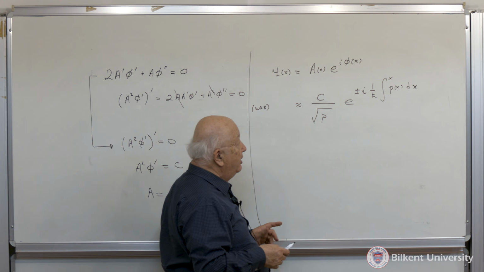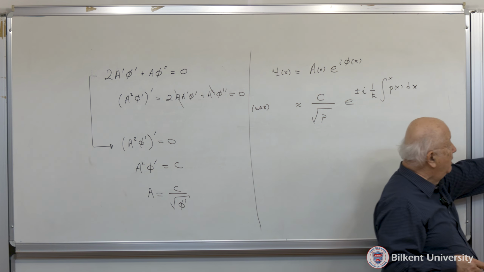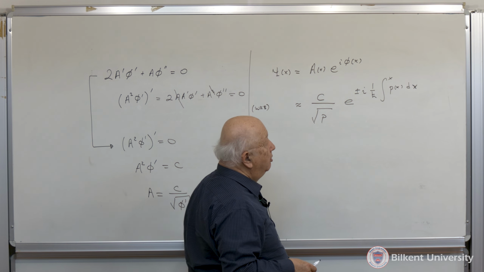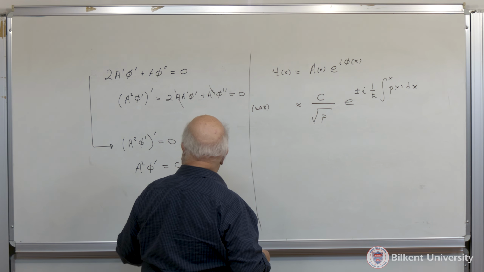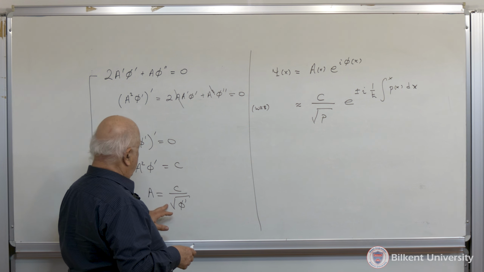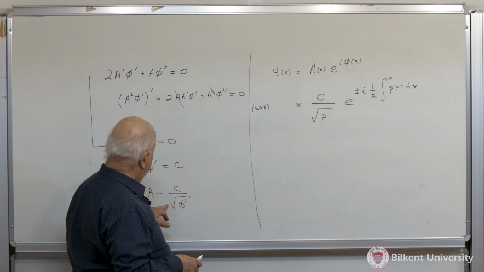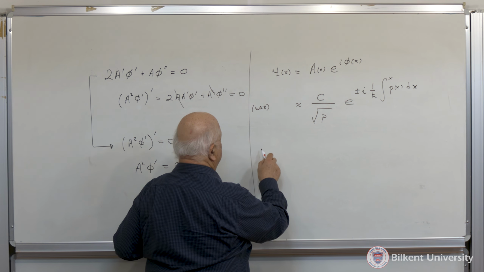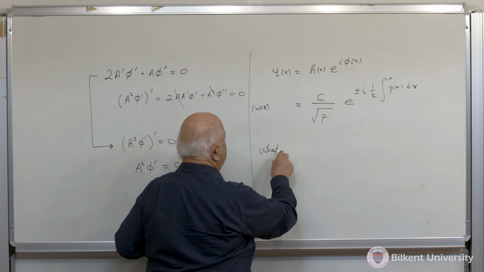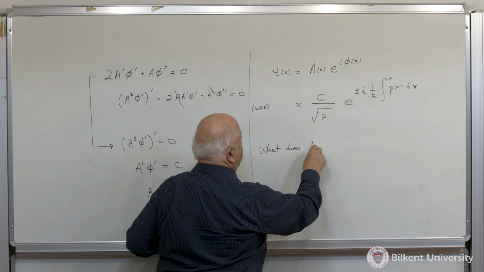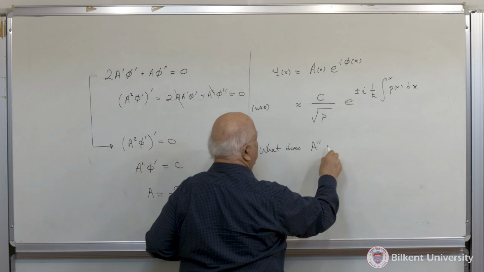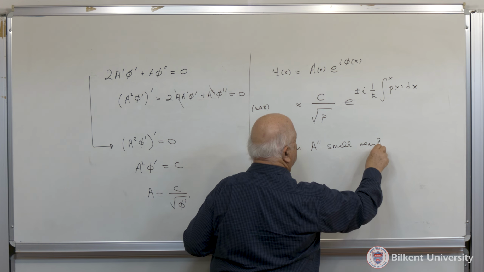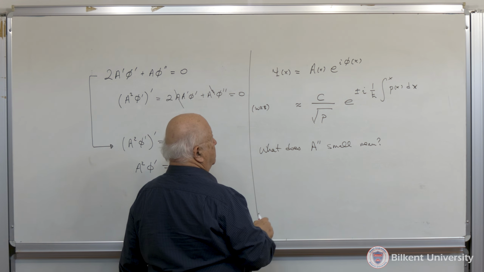First of all, we said that this A double prime is going to be very small. What does that mean? Well, I have here an equation for A. So let's just discuss what A double prime small means.